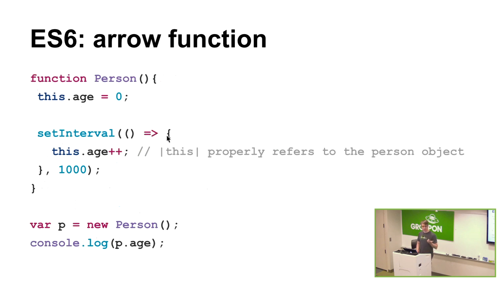So this saves you from writing the word function over and over and over again, but it also has another important property where it actually changes the value of this inside that function. It auto-binds it to the context in which it's called. So here we're creating a person constructor and we're setting a property on it, and then later we're updating that property, but this refers to the same thing because we're using the fat arrow.